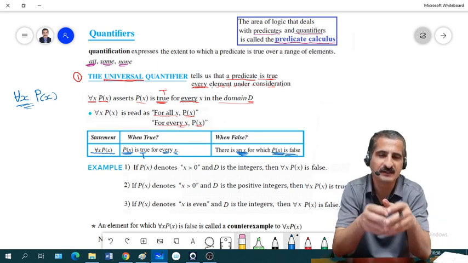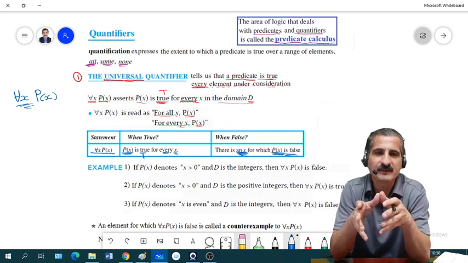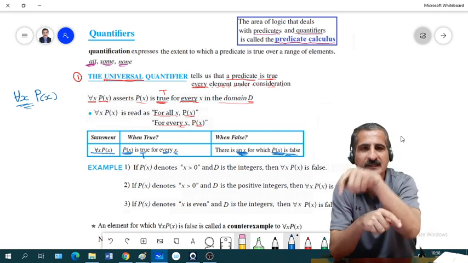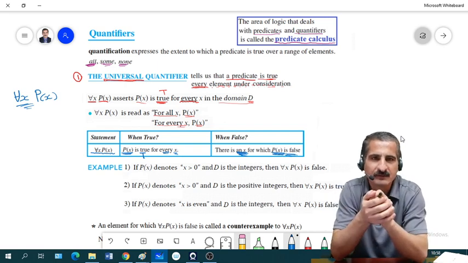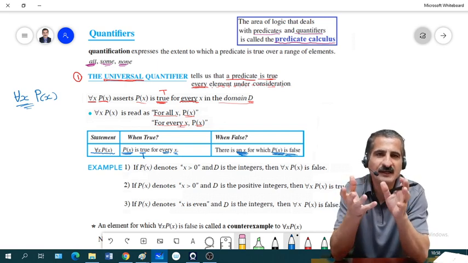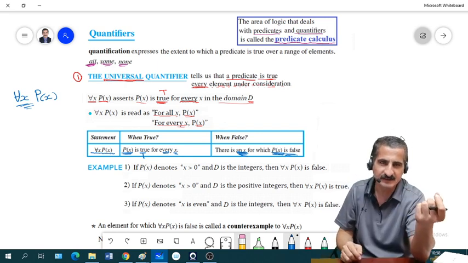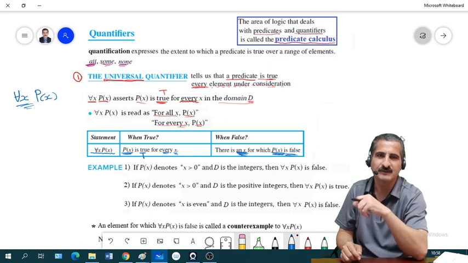So this is easy. For every x, p of x happens. Is it true whenever p of x is true at every x? For every x, p of x is false when we find an x where p of x does not happen, where p of x is wrong.